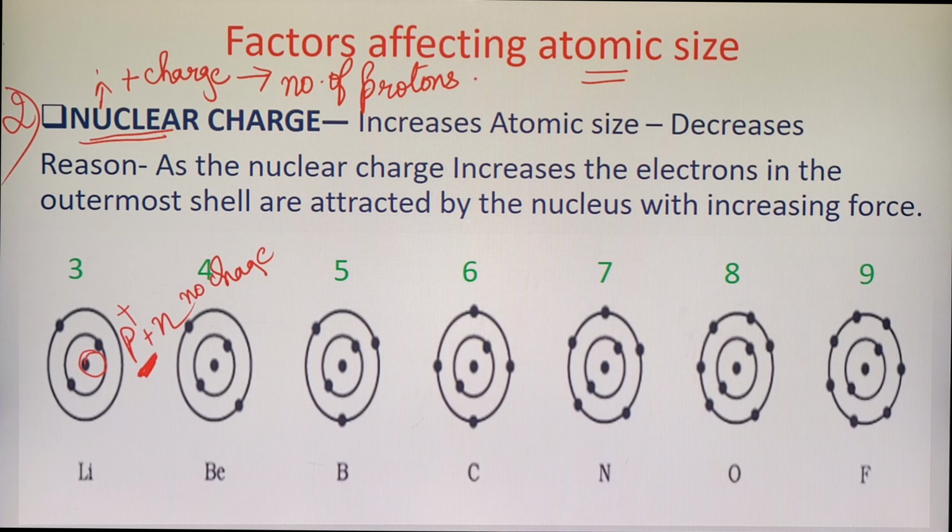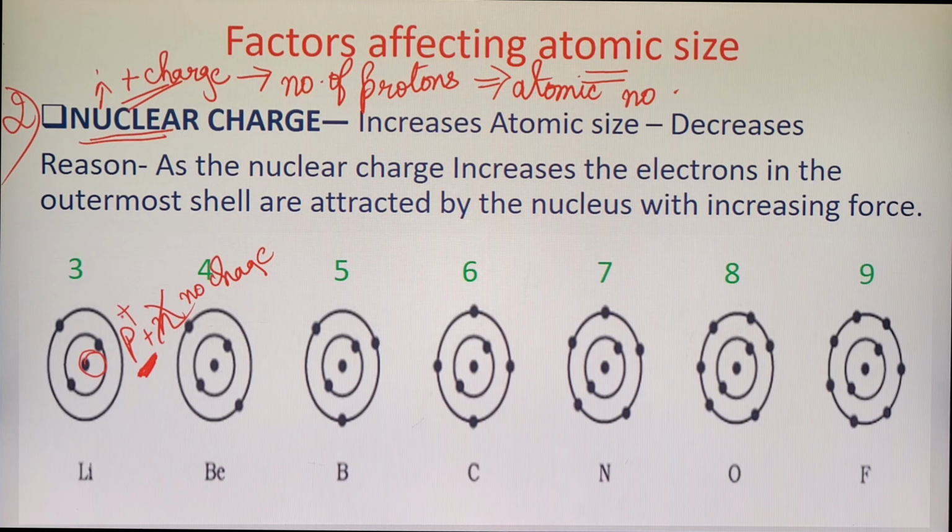Okay, now who will give me the number of protons, children? It is nothing but the atomic number. Okay, so in other words, I will just once again go with it. When I use the word nuclear charge, I mean the positive charge present in the nucleus. Now we know the nucleus is made up of 2 subatomic particles. Which are the 2 subatomic particles present in the nucleus, children? We have the proton and we have the neutron. But neutron has nothing to do with the positive charge.